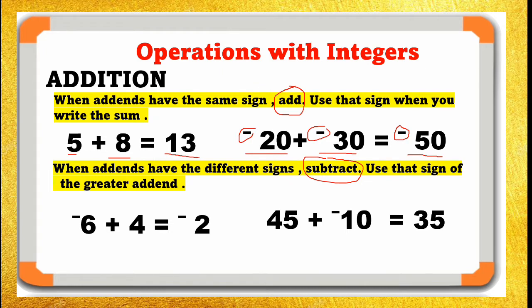So for example, negative 6 plus 4, the answer is negative 2 because negative 6 has the greater addend. 45 plus negative 10 equals positive 35. Why? Because 45 has the greater addend. So got it, class?